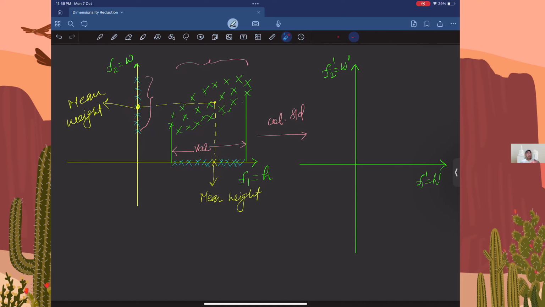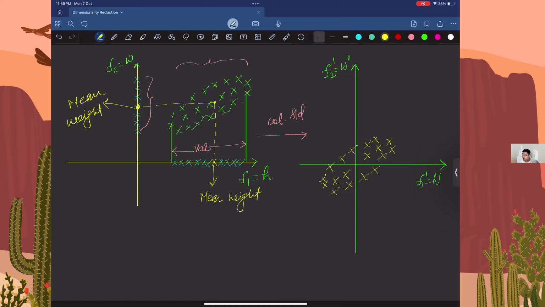Since after column standardization I'm going to get a mean of 0, this mean will move to this point, 0, 0. So if it moves to this point, what will be my data distribution? My data distribution will be something like this. Let's suppose something like this will be my data representation.